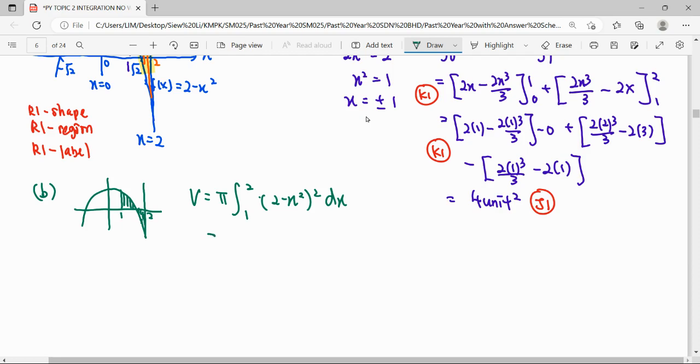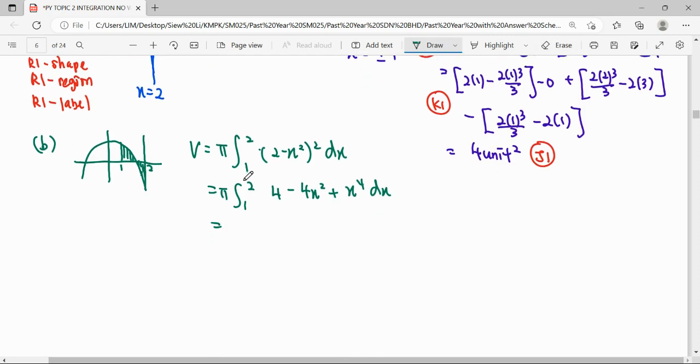So we simplify our function first. We square it and expand it out. Then we can start to integrate.